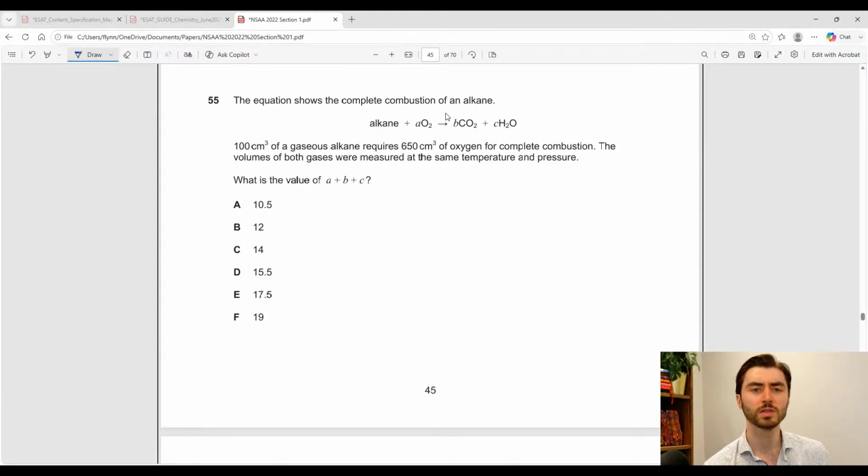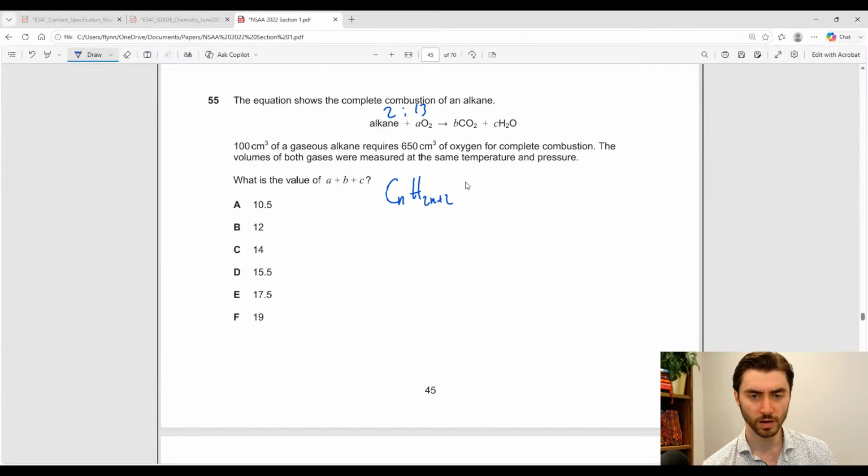The equation shows the complete combustion of an alkane. Cool. 100 centimeters cubed of gaseous alkane requires this much oxygen for complete combustion. Okay, so it's a 1 to 6.5, so it's a 2 to 13 ratio. So alkane, so CnH2n+2.